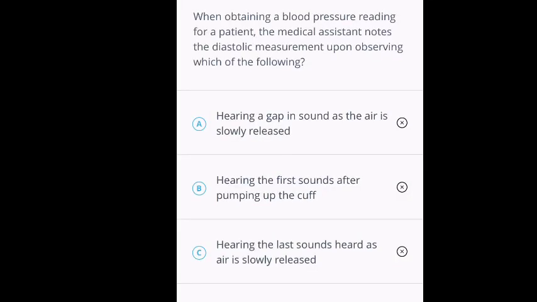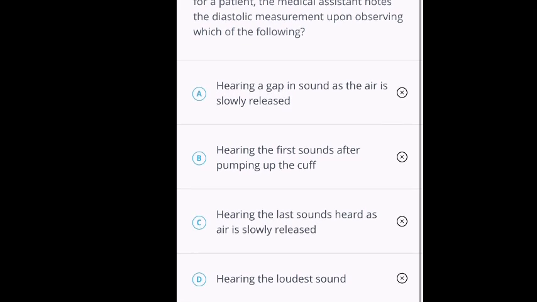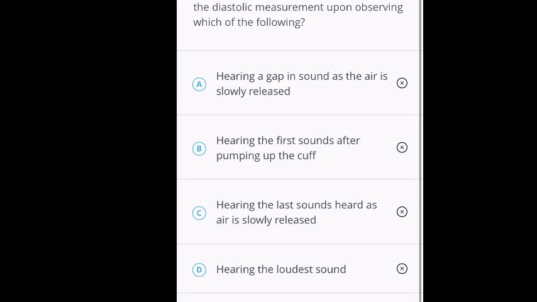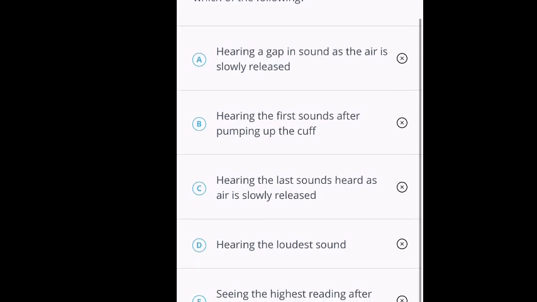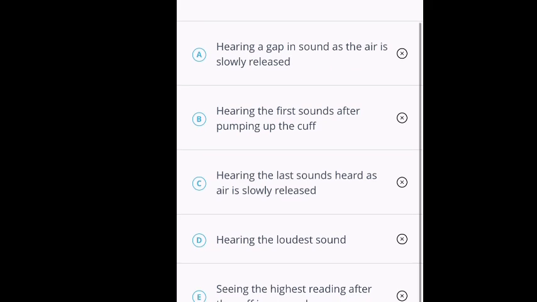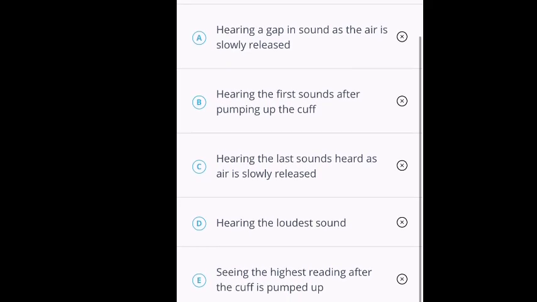When obtaining a blood pressure reading for a patient, the medical assistant notes the diastolic measurement upon observing which of the following: hearing a gap in sound as the air is slowly released, hearing the first sounds after pumping up the cuff, hearing the last sounds heard as air is slowly released, hearing the loudest sound, seeing the highest reading after the cuff is pumped.